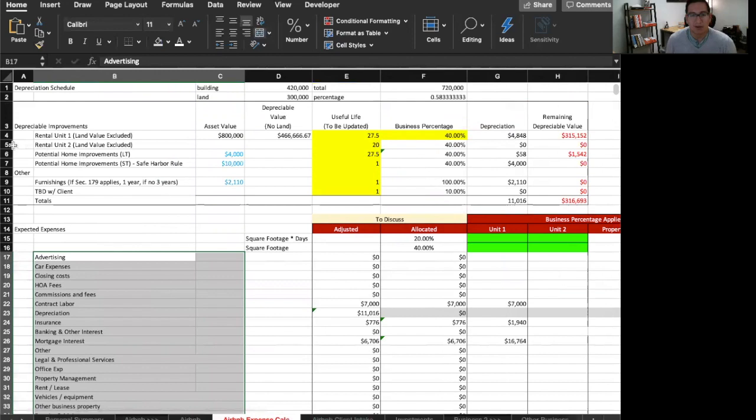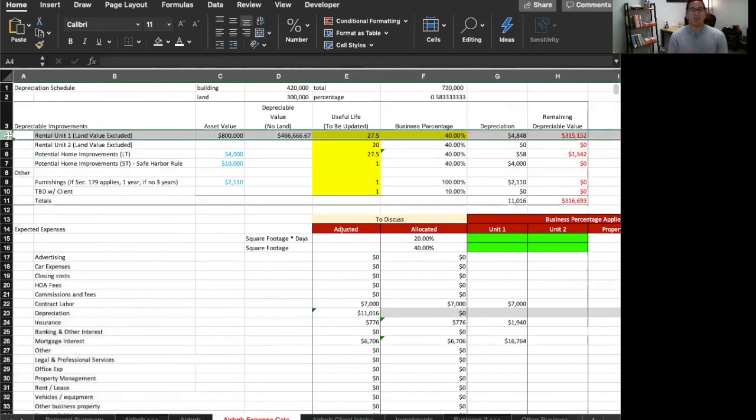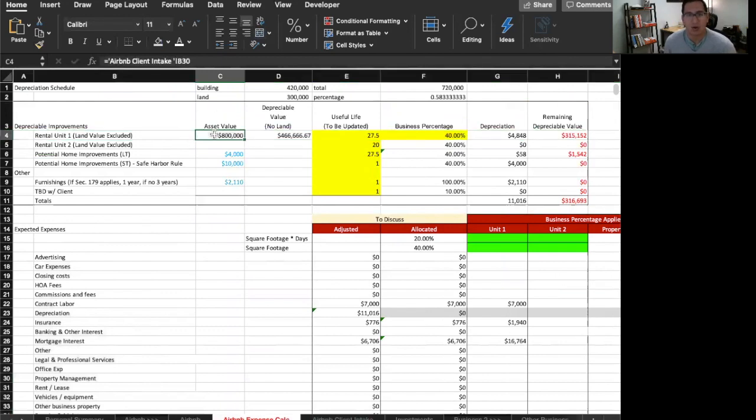I'll talk a little bit about depreciation, but I think that would probably be a lesson all on its own. Depreciation is really looking at what is the total value of the asset. What can we depreciate? All right, let's depreciate that over the prescribed amount of time according to the tax rules. And then what's the business percentage of that?